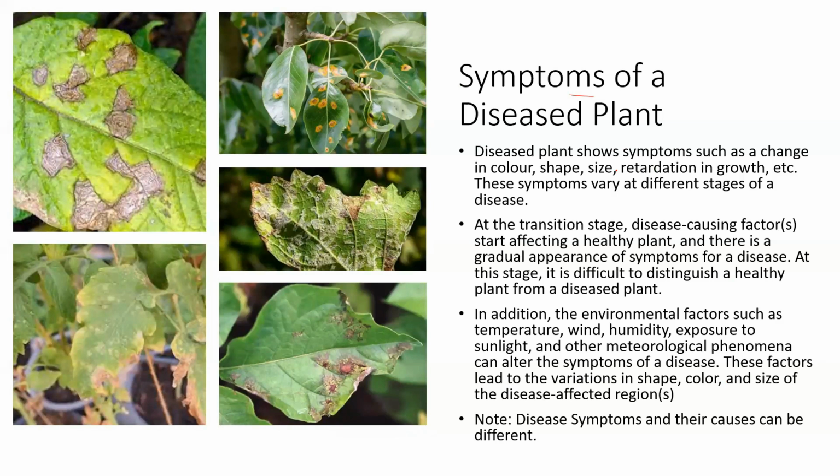We have these three important parts of a plant: we have the root, we have the stem, and we have the leaves. So our focus area is basically leaves. The leaf is very important. It can tell you whether the plant is suffering from a disease or not. And early symptoms are available on the leaves as well.